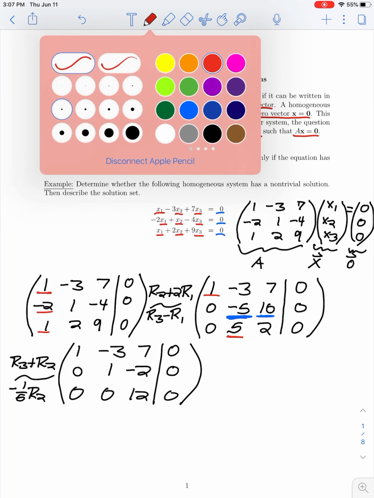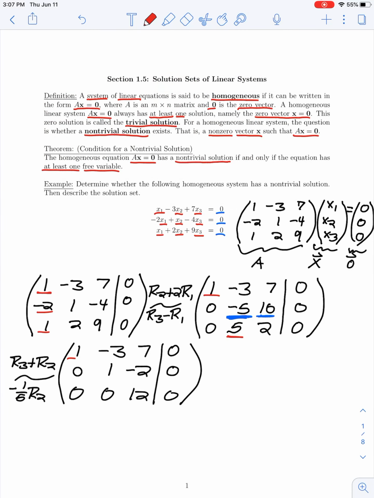So from here, if I wanted to keep simplifying, well, I have a 1 as the lead coefficient in my first two rows. Now I need to eliminate the -3 above the 1 in my second row.